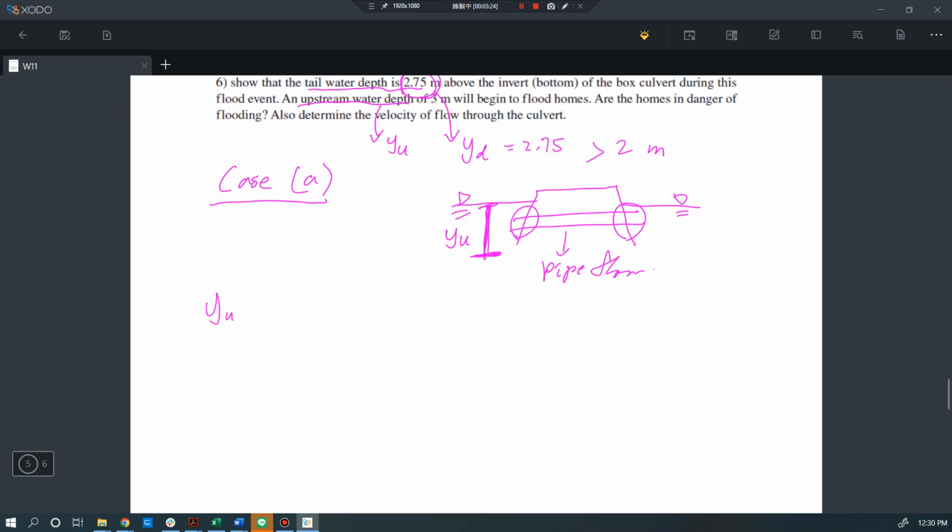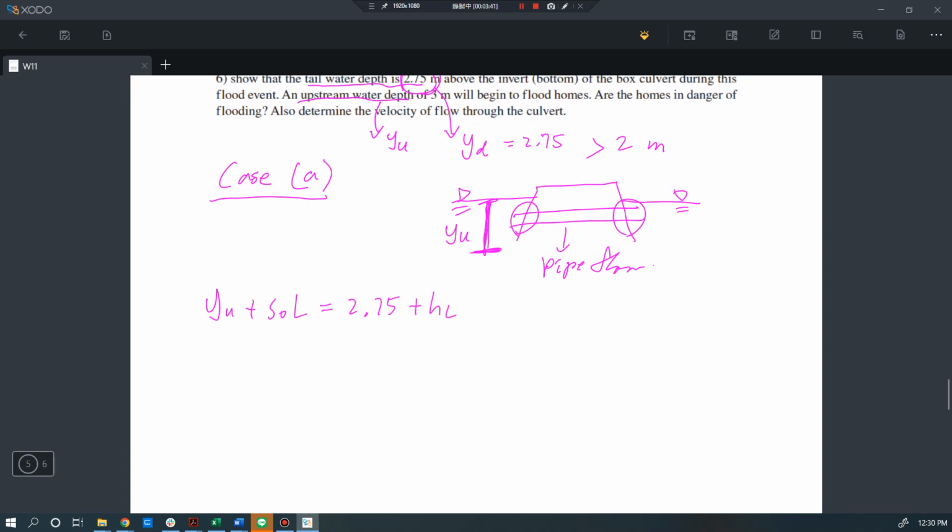YU plus the elevation change due to the slope in the culvert equals 2.75 plus the head losses.